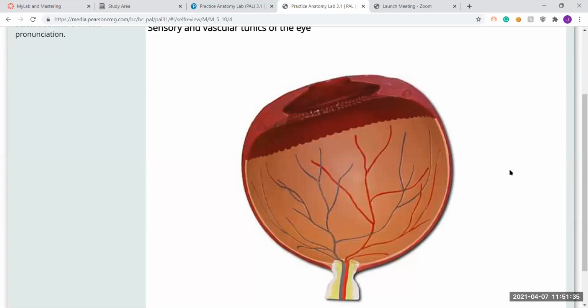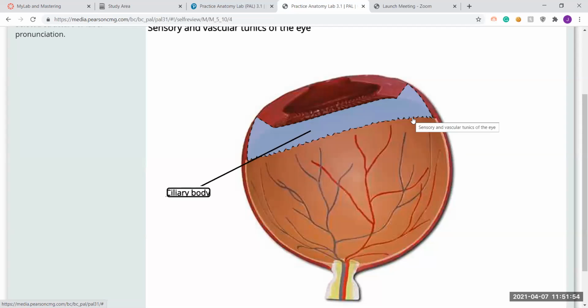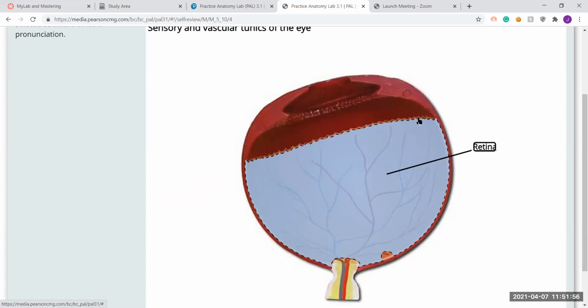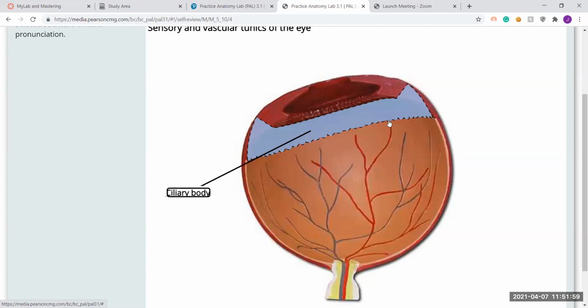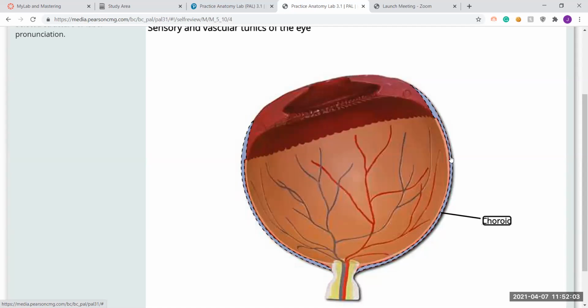So this is like a transverse section of the eye, and you are looking from the top. So this is the outer part, this is the choroid, and then you have the retina. And where the choroid and retina are transitioning, that area is called the ora serrata, this squiggly line here. So let's go over the choroid.